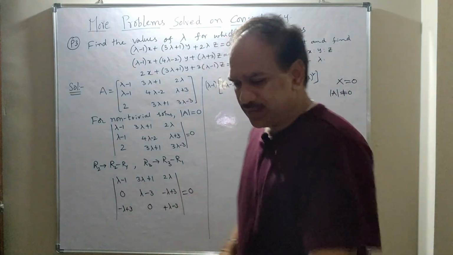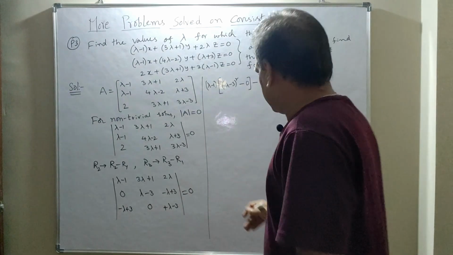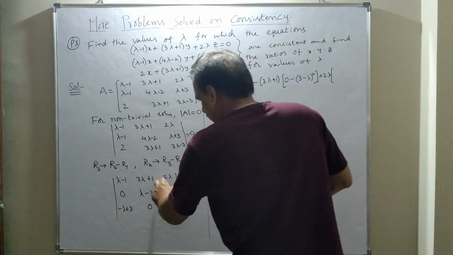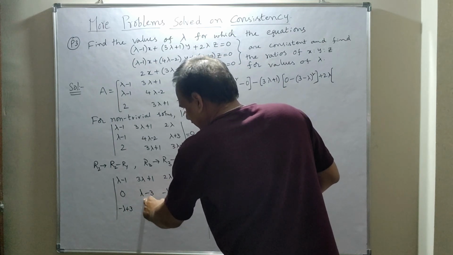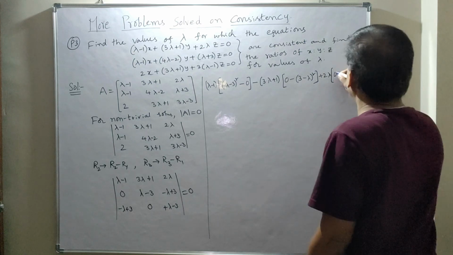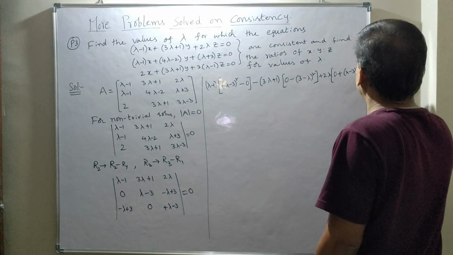Actually it is minus lambda plus 3, same as 3 minus lambda whole square. And coming to this, it is plus 2 lambda into 0 minus, this is 3 minus lambda. I take minus common here, you will get 0 plus lambda minus 3 whole square equal to 0.